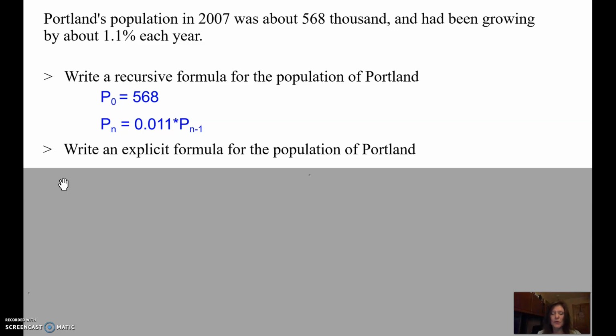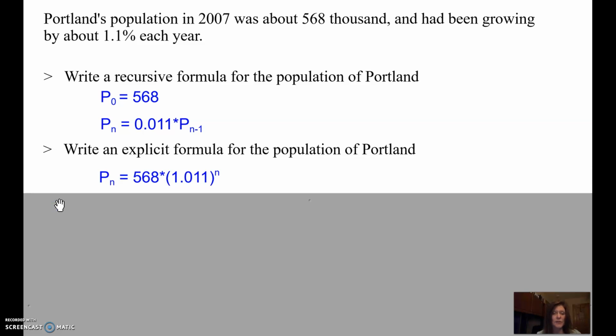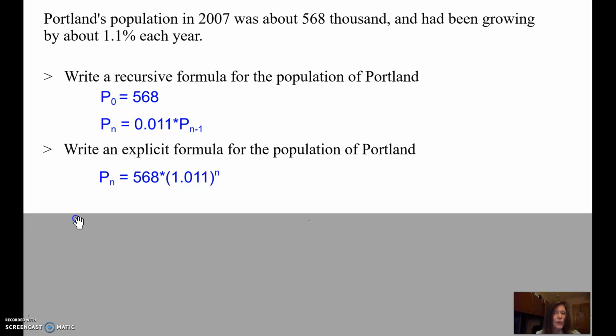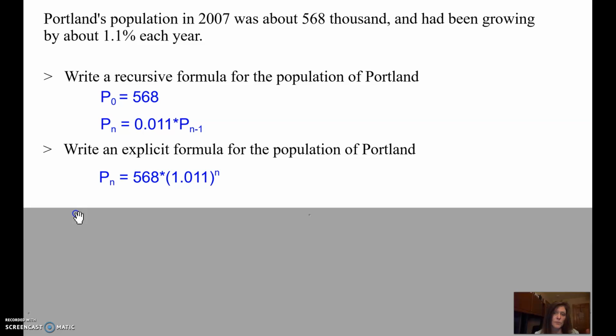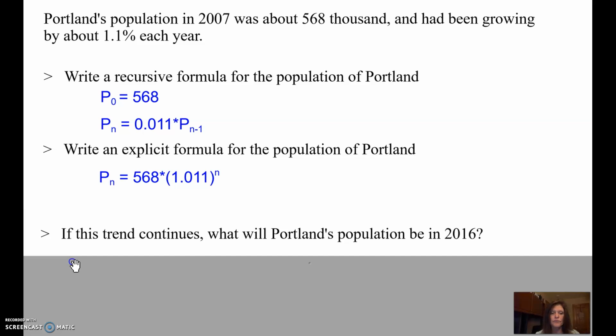Well, the explicit form requires that we put in the initial amount, 568, and multiply it times 1 plus the rate of change, so 1.011 raised to the n power. So it's similar, but we have to add that 1 in there to show that we've added the previous term in.